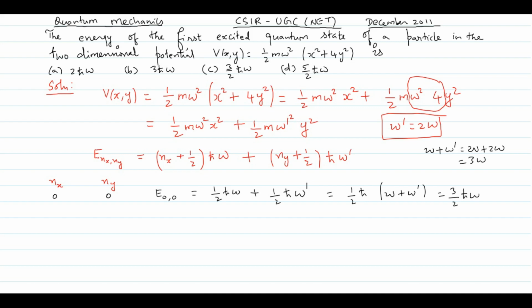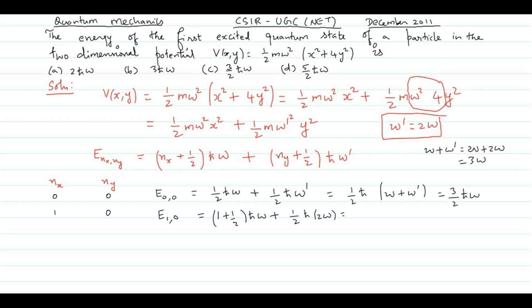Okay, and when I put other cases, suppose I put nx is equal to 1 and ny is equal to 0, I will get E1 comma 0, that is equal to 1 plus half h cross omega, plus 0 plus half h cross 2 omega.